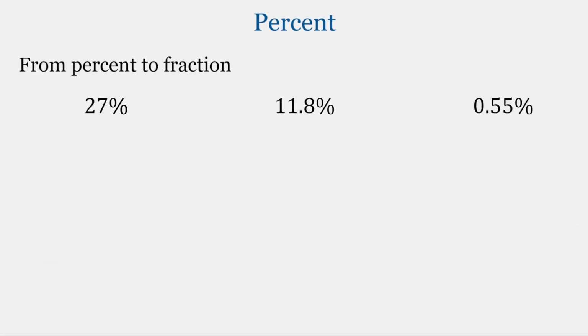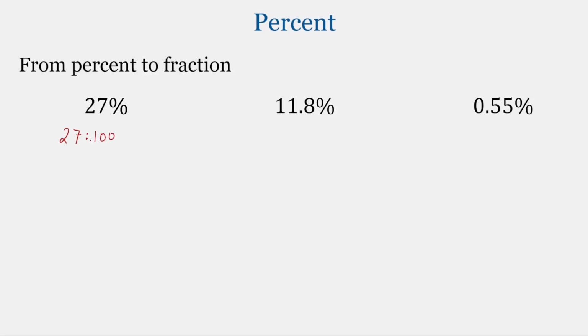Now that we know what percents are, let's work on converting something in percent form into an equivalent fraction form. Here we have 27%. Again, this means 27 for every 100. So in ratio form, this would be 27 to 100.